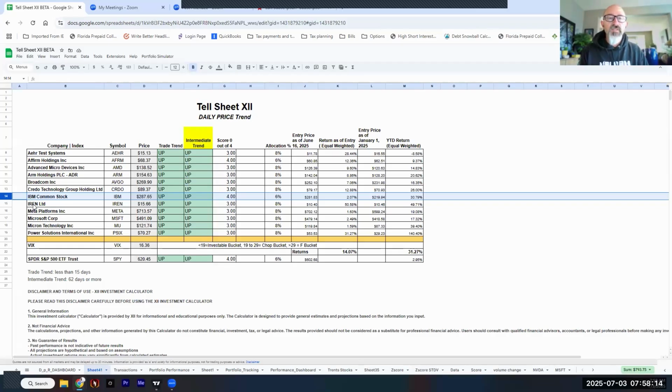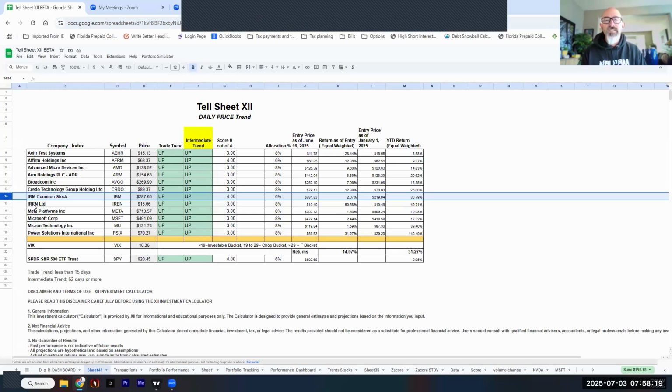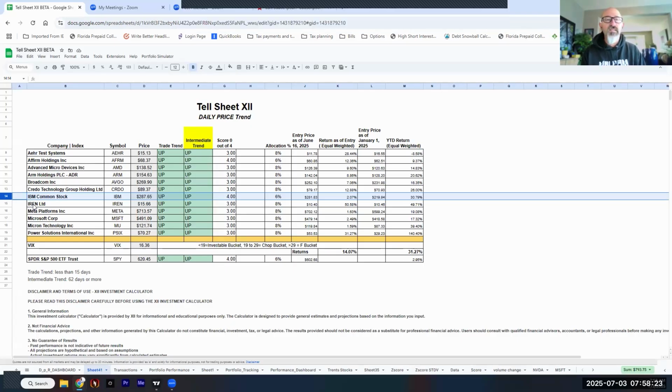The third and final question is, in a case where a stock underperforms or does not meet profit expectations, do you fully exit the position or simply reduce the allocation? Let's use IBM as an example. It scores a 4 right now, and it gets a 6% allocation.